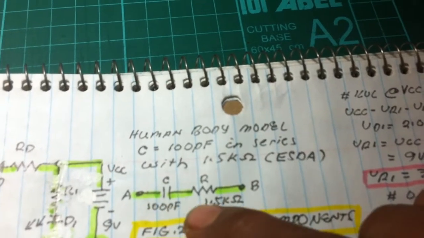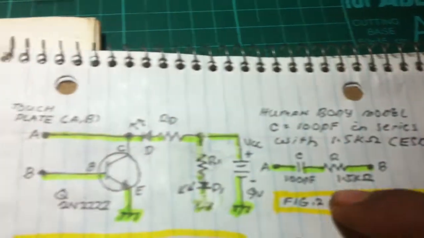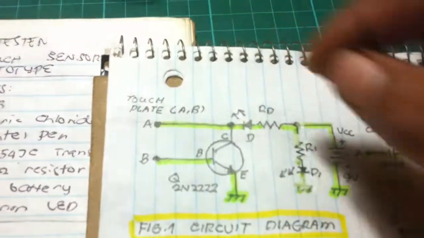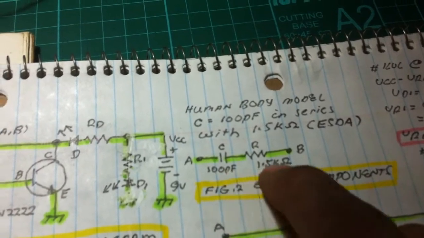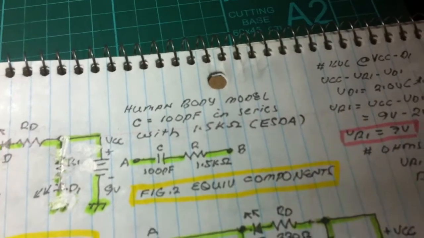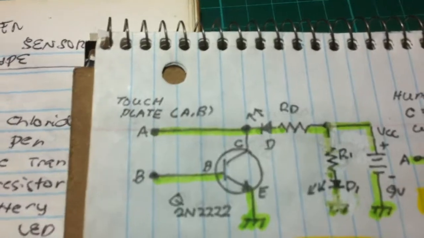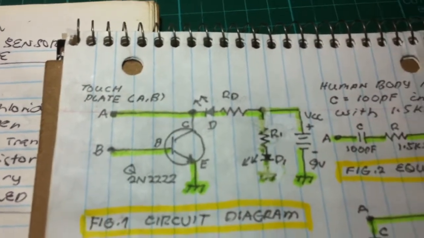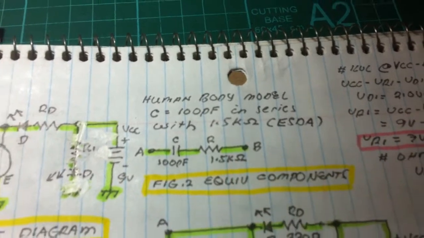That is the equivalent of a human touch. Every time you touch the terminal, this is the equivalent series circuit according to the ESDA, the Electrostatic Discharge Association. So our hand is equivalent to a human capacitance of 100 picofarad in series with 1.5 kilo ohms.